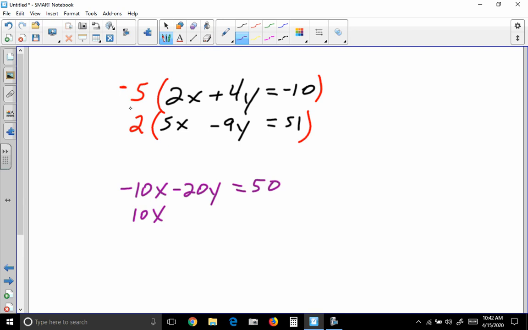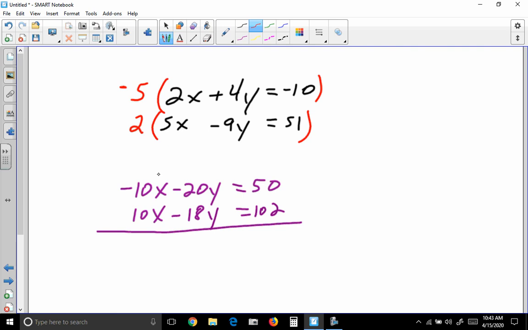Sometimes both of the numbers out front will be positive because the signs are already opposite. We just have to find out what the numbers are. But when we get through distributing, we want one of these to be positive, one negative. So when we finish distributing down here, 2 times -9y is -18y. 2 times 51 is 102.